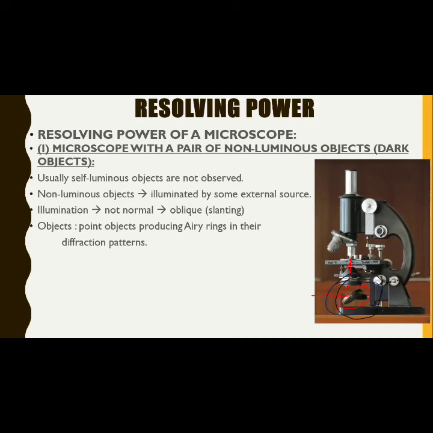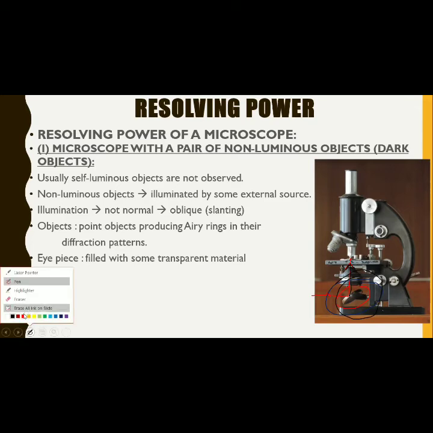in this particular case, what happens? Generally, the eye lens or eyepiece is filled with some transparent material in order to adjust the refraction of this incident light which we have. So, in this case, the wavelength of incident light will be given as lambda n, which is lambda upon n.